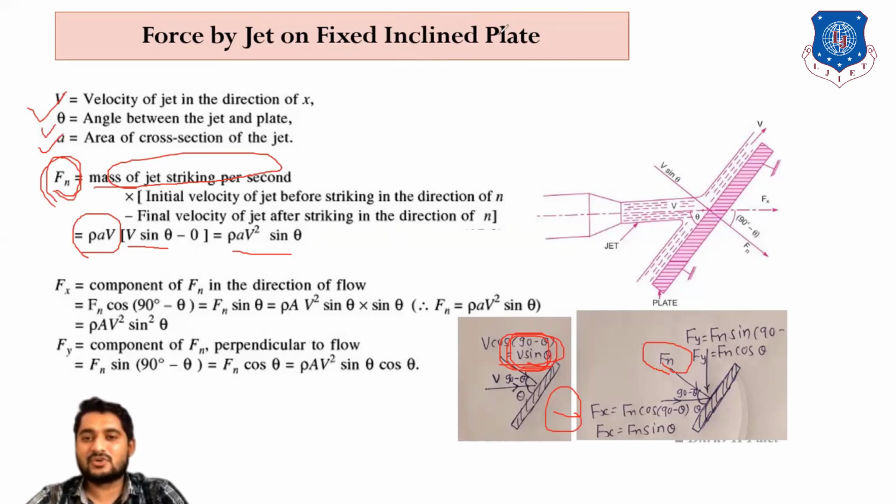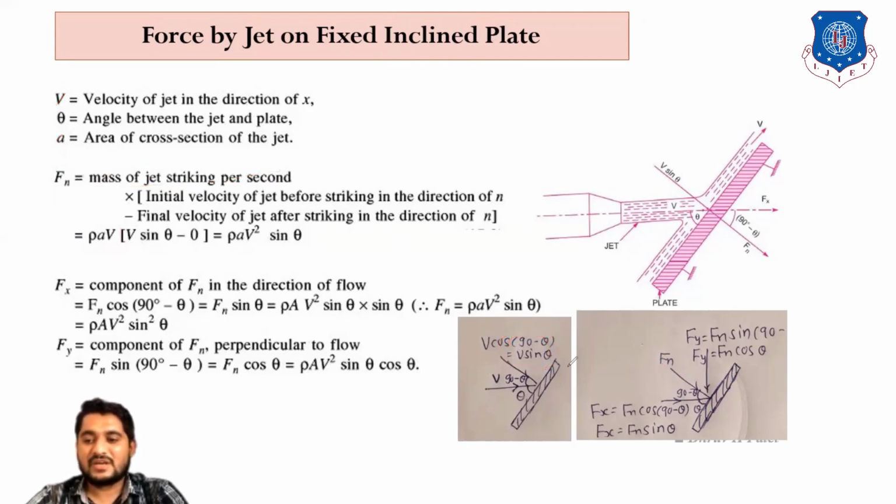Then we have to take two components of the normal force. Fx will be Fn sin theta. Let us put the value of Fn. So Fx will be rho a v square sin theta into sin theta. That means Fx is equal to rho a v square sin square theta.